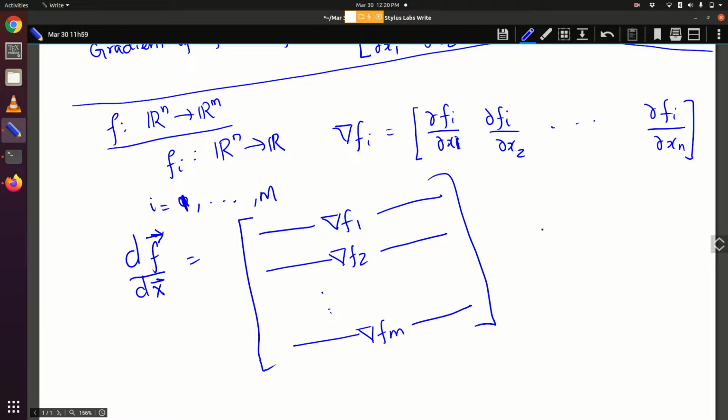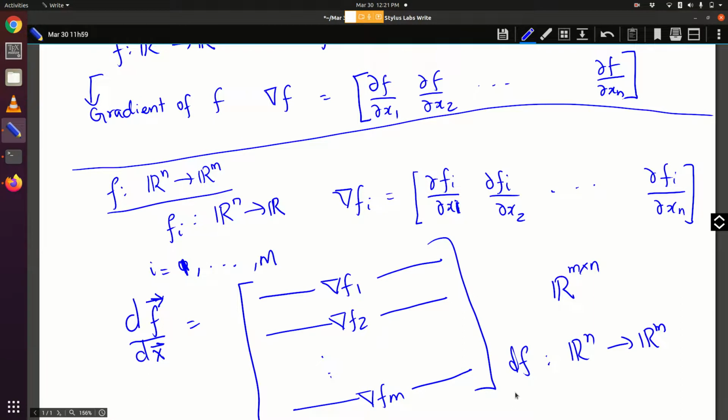So dimensionality-wise, this is going to be a matrix in R m cross n, m rows and n columns. So df is a function from Rn to Rm, as we wanted. This is actually called the total derivative.